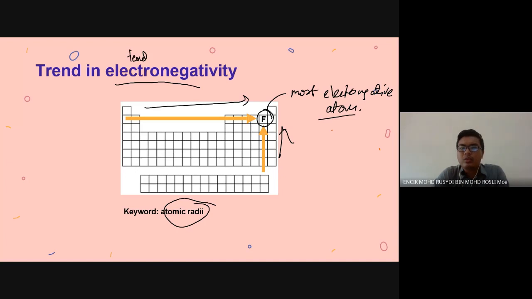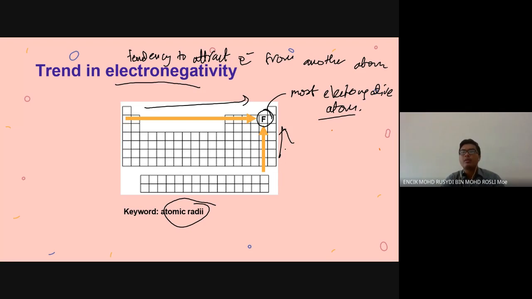Tendency to attract electron from another atom. Okay, so fluorine dia mempunyai electronegativity yang lebih tinggi, paling tinggi, sangat tinggi.